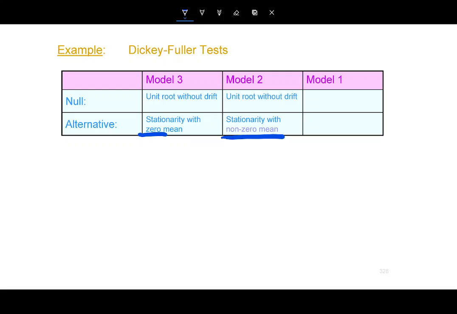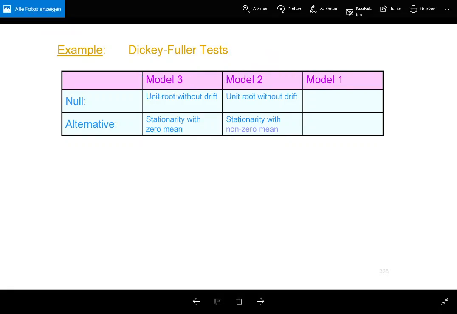This is how you decide whether you would take model 3 or model 2 into consideration. You understand? So you're not supposed to pick the wrong one. Again, in doubt, you would rather choose model 2, because then you might consider the expectation of the process. But there is a price to pay, because if you omit that, then you have omitted variable bias, and you might know.